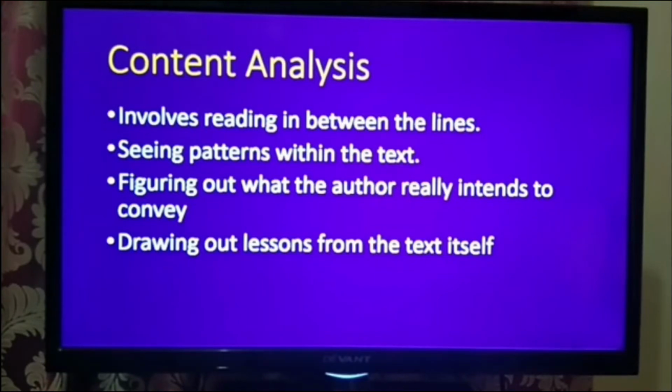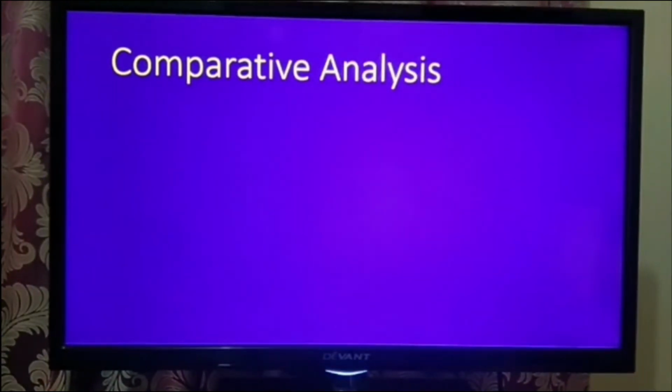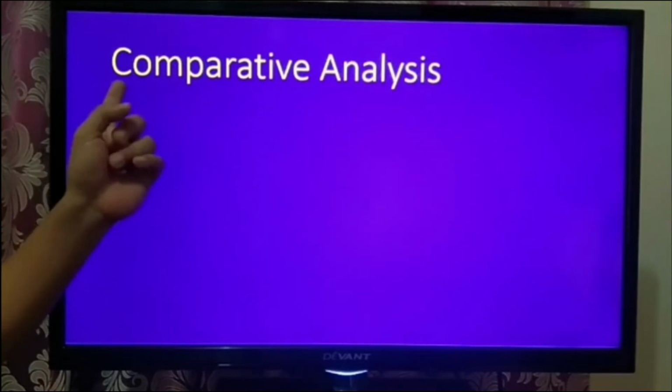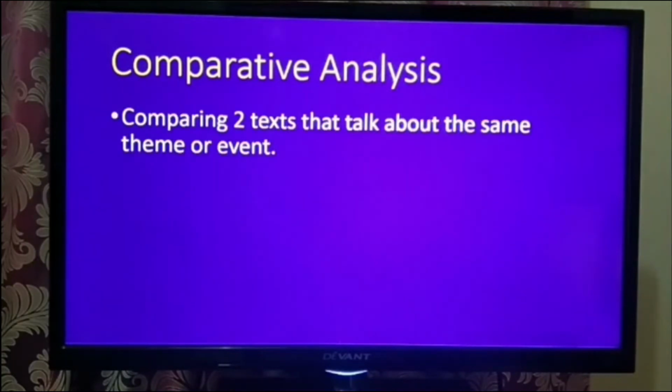Now the third type of tool that historians use is comparative analysis. And based on the word comparative, the root word is compare. That means you will be comparing two documents or two sources that talk about the same event.